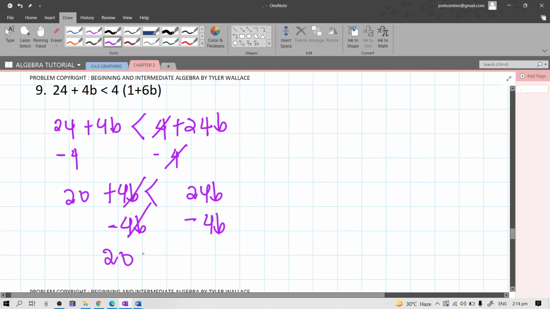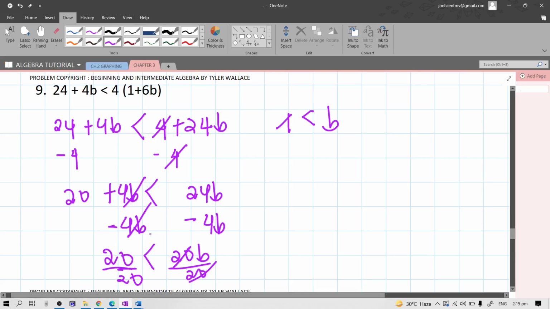And we have 20 is less than 20b. Divide both sides by 20 and you will get 1 is less than b. Okay, so hindi mo naman finlip dahil hindi naman siya negative.